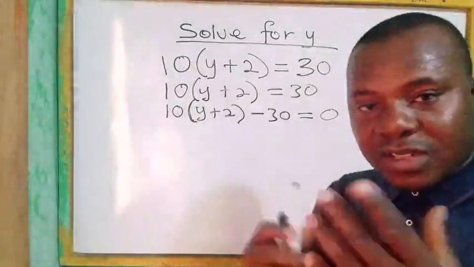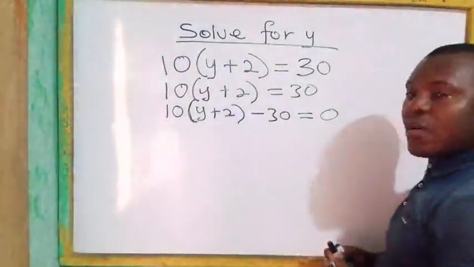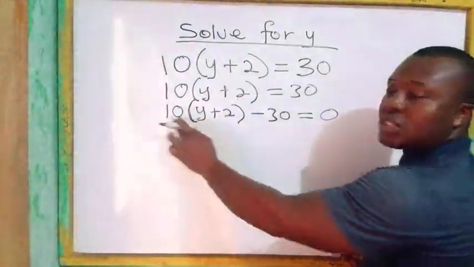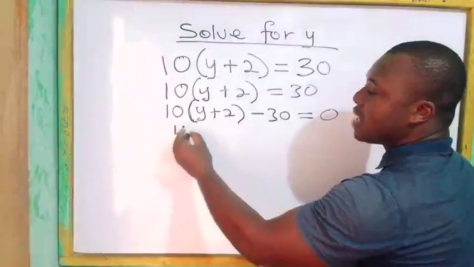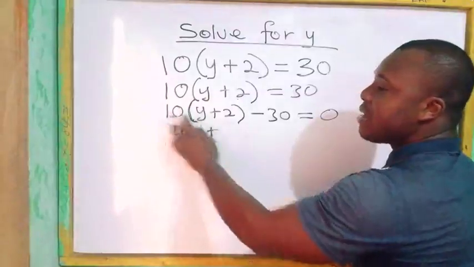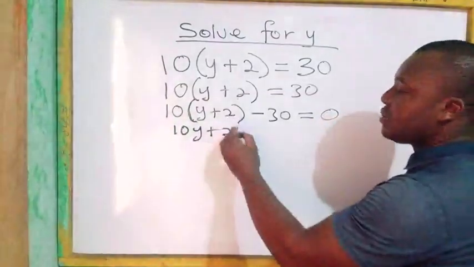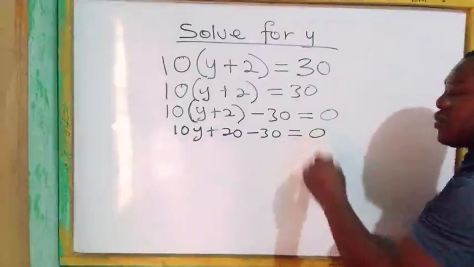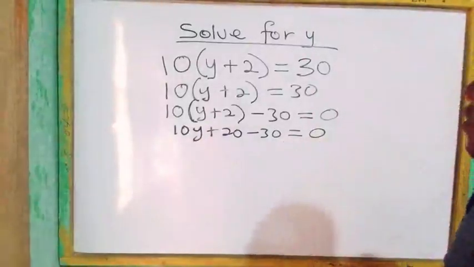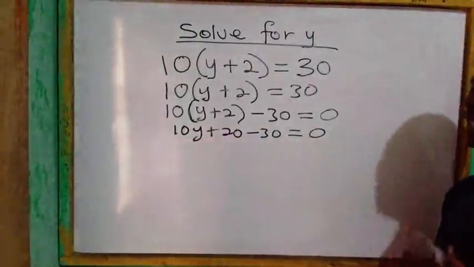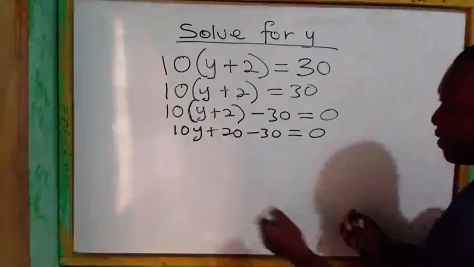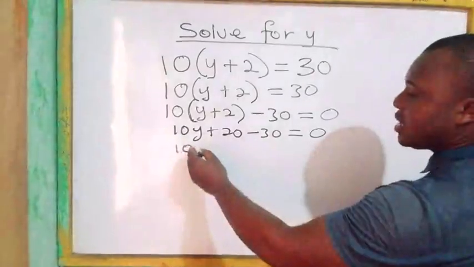Now from here, let's do it and then you will see. So here we are going to have 10 multiplied by y, which will give you 10y, plus 10 multiplied by 2 will give you 20, minus 30 equal to 0. So we see this 10y stand alone.